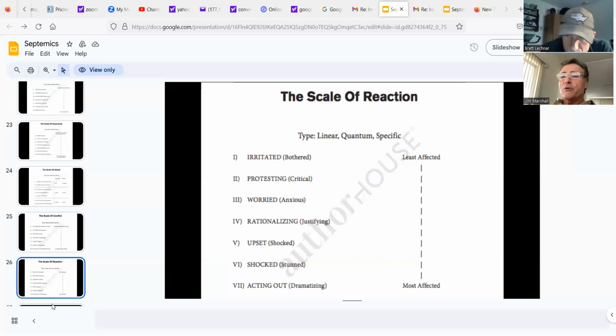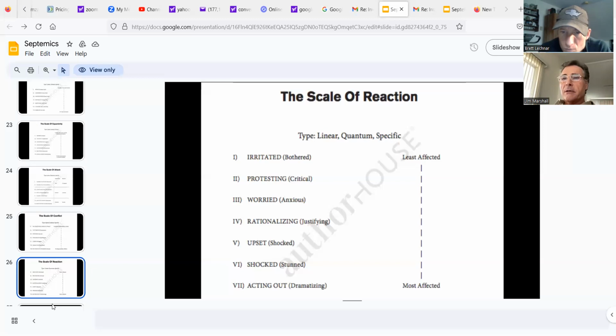So you get some news that's so horrible, it shocks you. You can't respond. This is the person who's not even able to cry about it. You know, the policeman comes and says, we have to tell you that your son was killed in an automobile accident. Person is stunned. He doesn't know what to say.